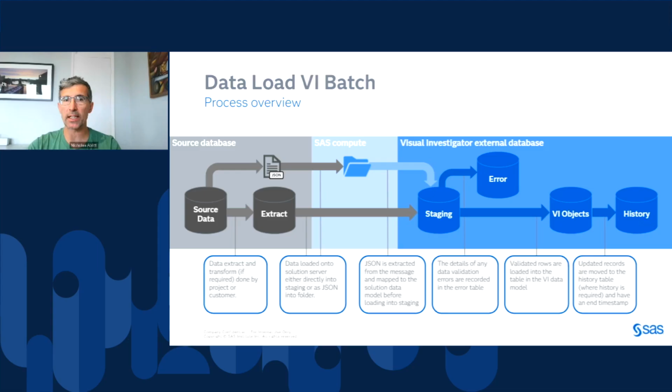So we have a way of reading in JSON messages, mapping those to our staging area and loading that into the database. From there, we do validation. Records that are invalid are moved to the error table. Records that are valid are moved to our actual table that's going to be presented to Visual Investigator and used for our analytics. And historic records are then moved to our history table where appropriate.